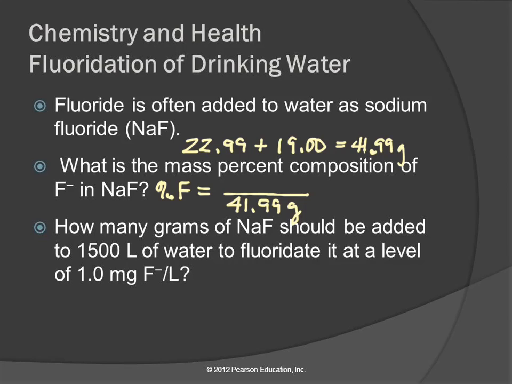What's the mass of fluoride in this? It's the 19. So we've got 19 grams of fluoride in 41.99 grams of sodium fluoride times 100% to make it into a percentage. 19 divided by 41.99 times 100.